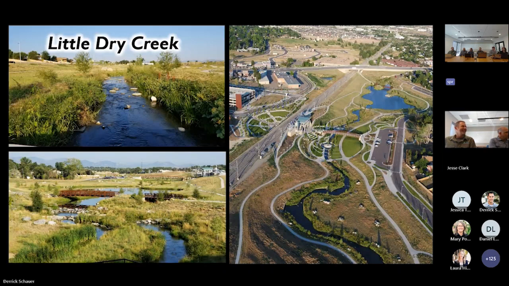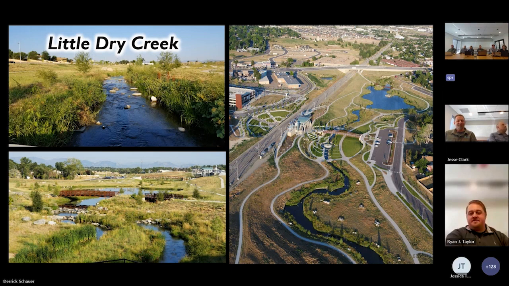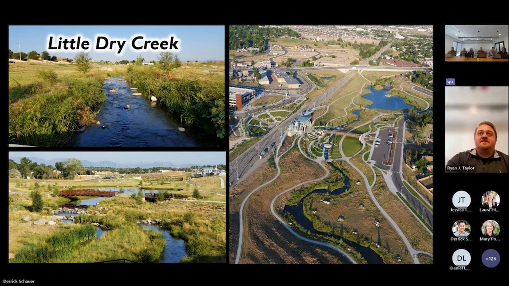Yeah, so I can talk a little bit about this slide and Mary can jump in. This is a project that I come back to a lot. This is Little Dry Creek in the city of Westminster, up near about 67th and Federal. The photo on the right is a perfect example of merging the development goals and the transportation goals with the design of the channel itself.